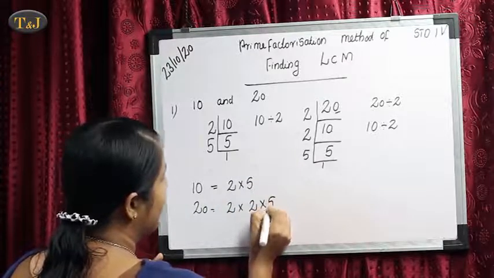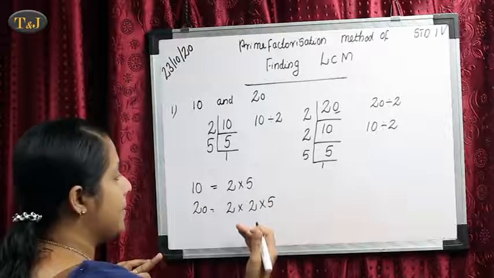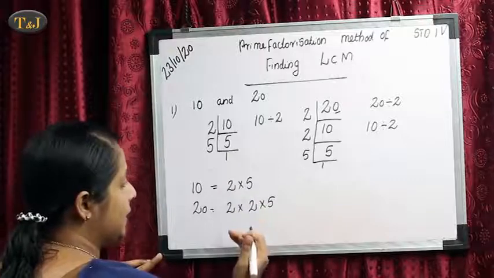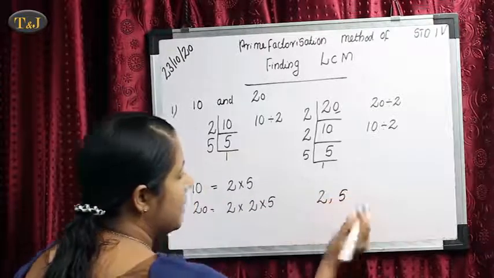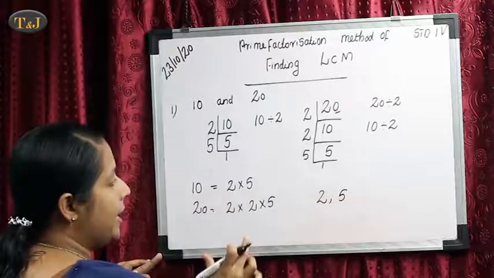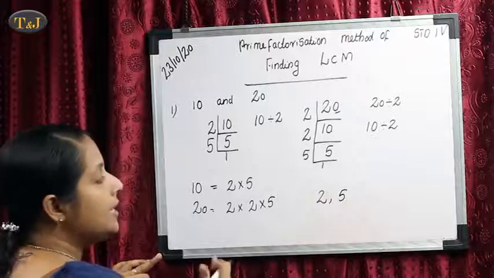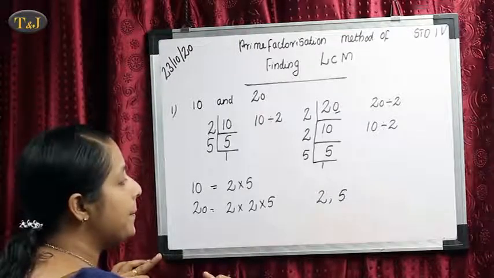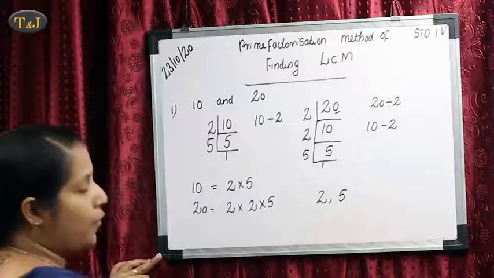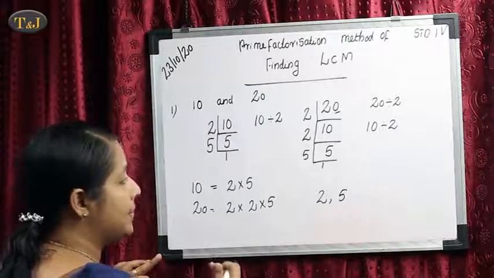5. Now we are getting the prime numbers. In 10 and 20 the prime numbers are 2 and 5. Here LCM means the product of prime numbers that appear the maximum number of times.